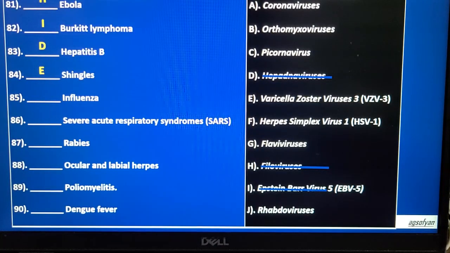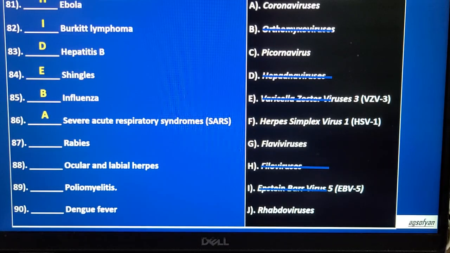So the same virus causes two types of infection: chickenpox at a young age and shingles at an older age. Cross off E. Influenza is the flu virus. Which one? Oh yeah, it's going to be orthomyxoviruses, the one that causes influenza or flu. B. So cross off B.